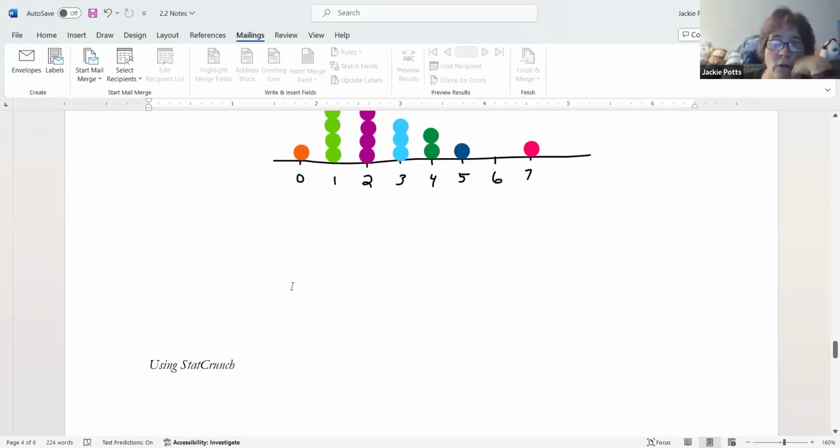Let's do it in StatCrunch. So to bring this back, I'm going to sort ascend. There we go. Which causes this stuff to kind of go haywire. But to do a dot plot, it's under graph and looky, dot plot. I'm going to select siblings.